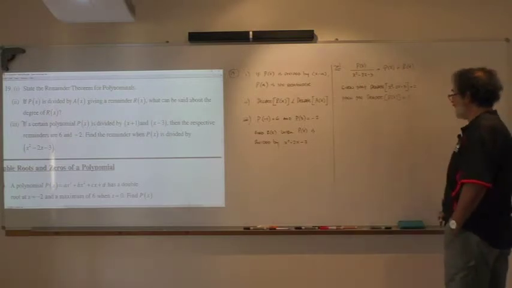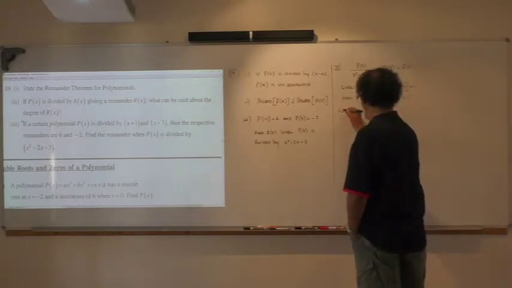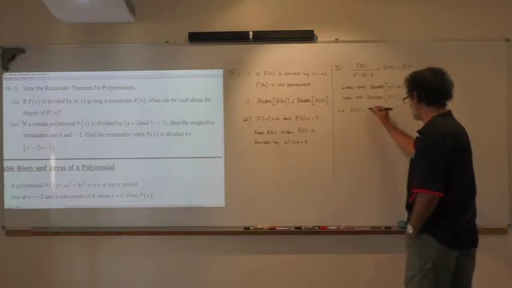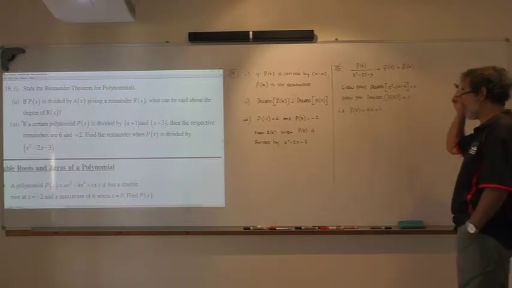And when you have a polynomial of degree 1, the remainder is going to be linear, so it's going to be something that looks like that. That is what we are going to have.